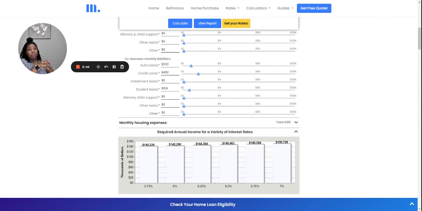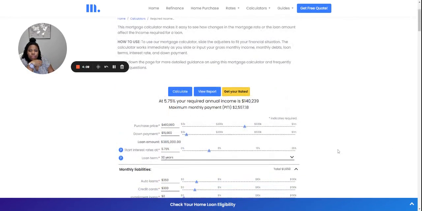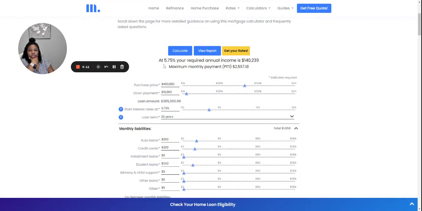I've seen a couple buying a home for their family who also have a parent that gets disability who's going to be moving in with them. That's additional income they can consider, and they can put that additional person on the loan. They can have their own little suite downstairs or upstairs or wherever, but it allows them to include additional income. So when you get back up to the top, it shows your annual income is about 140,000.